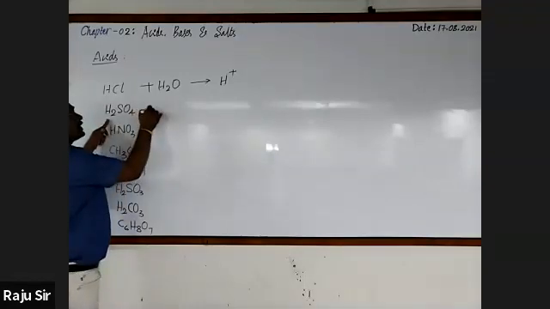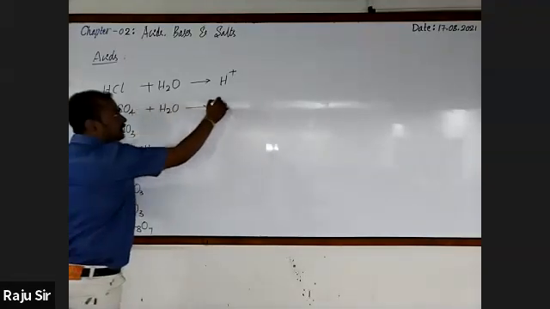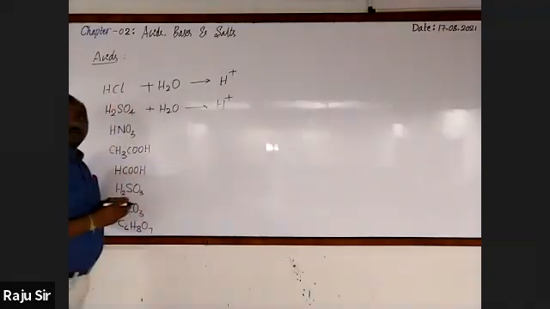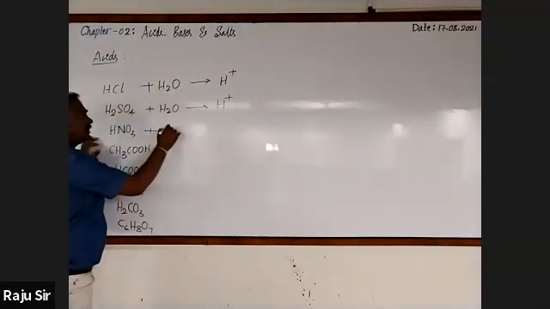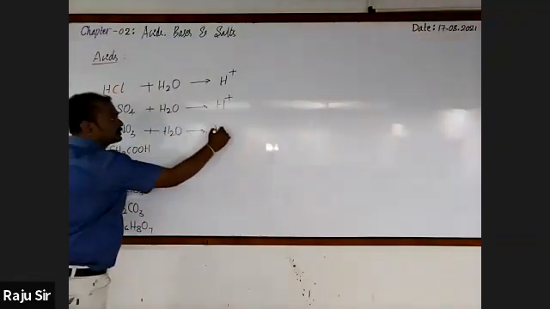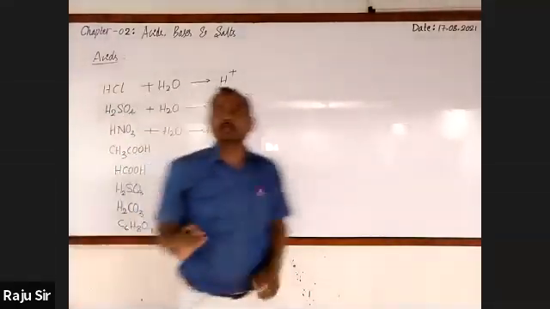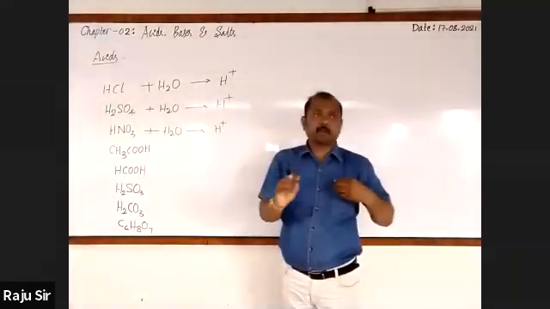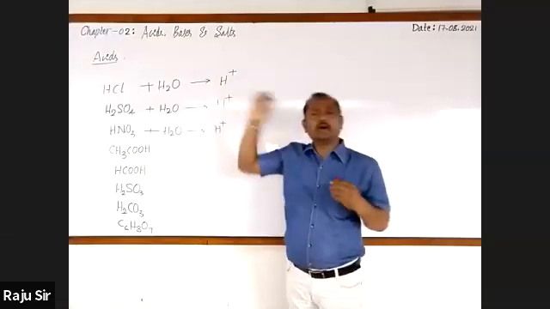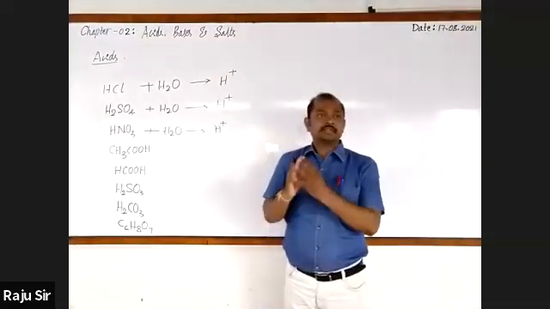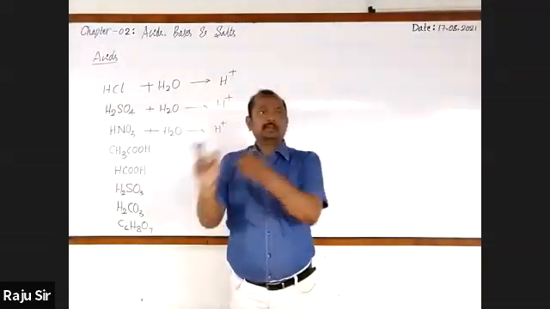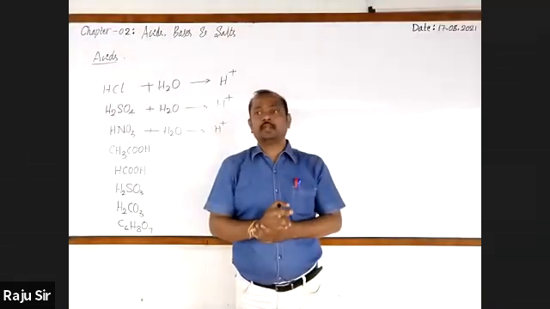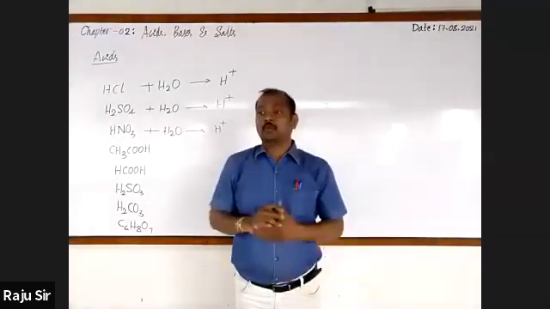Similarly, H2SO4, when it is dissolved in water, produces hydrogen ion. HNO3, when it is dissolved in water, produces hydrogen ions. It is one of the important properties of all the acids. In general, acids produce hydrogen ion when they are dissolved in water.